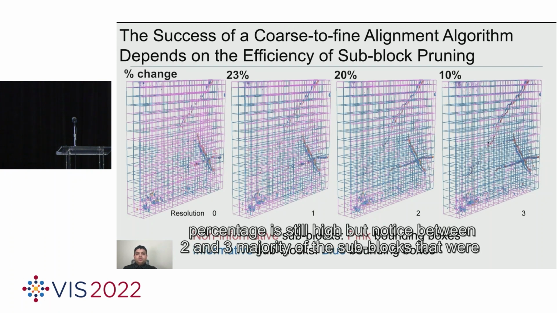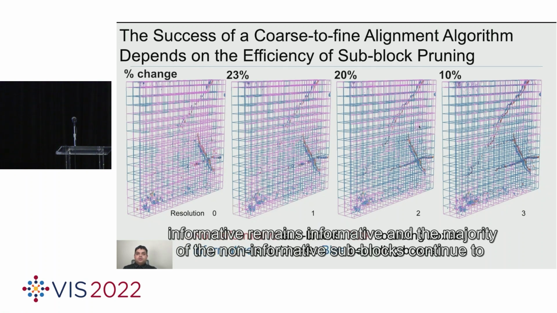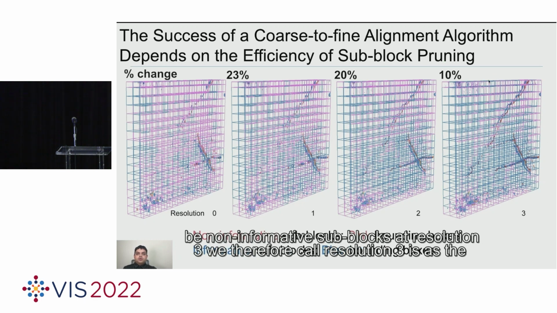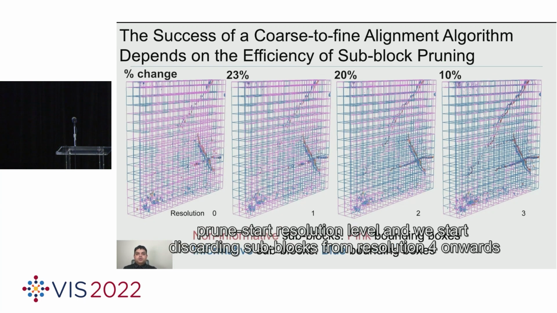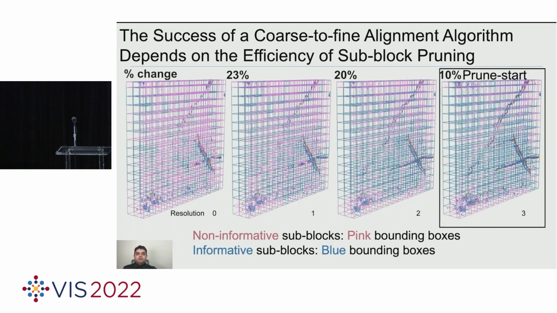But notice between 2 and 3, the majority of the subblocks that were informative remain informative, and the majority of the non-informative subblocks continue to be non-informative at resolution 3. We therefore call resolution 3 the prune start resolution level, and we start discarding subblocks from resolution 4 onwards.